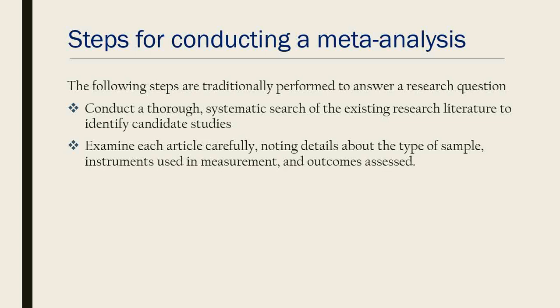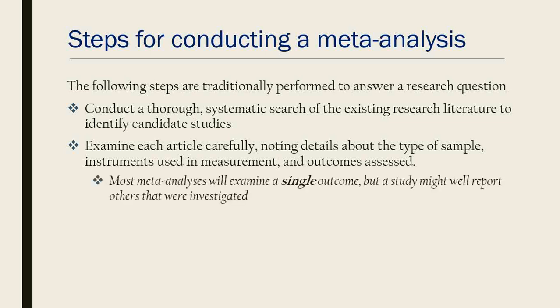You need to examine each article carefully, noting details about the type of sample, the instruments used in measurement, and the outcomes assessed. Now you record this information usually in a logbook or in a spreadsheet so that you can include it for the actual publication.